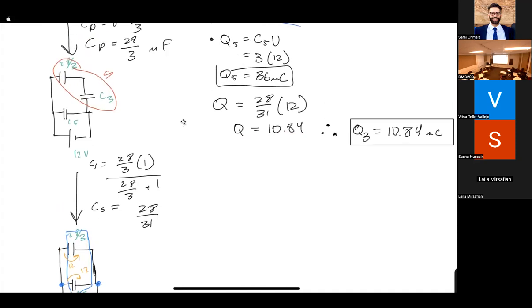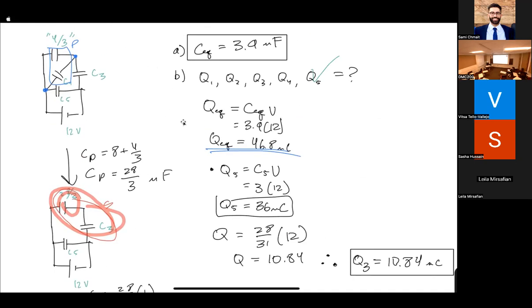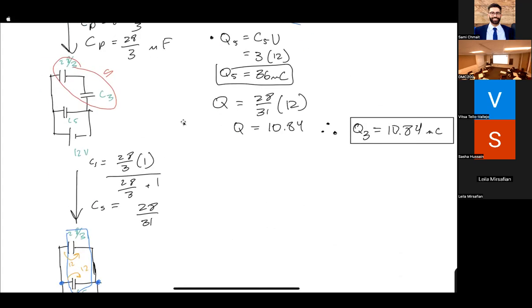Okay. So we also know now the charge here. Again, they're in series, so we can use the charge here to find C4. So that means C4 is next to be solved. But to solve for C4, we're going to need some common voltage. So we can say that Q3 is equal to the capacitance, 28 over 3, times this V, let's call it V prime.